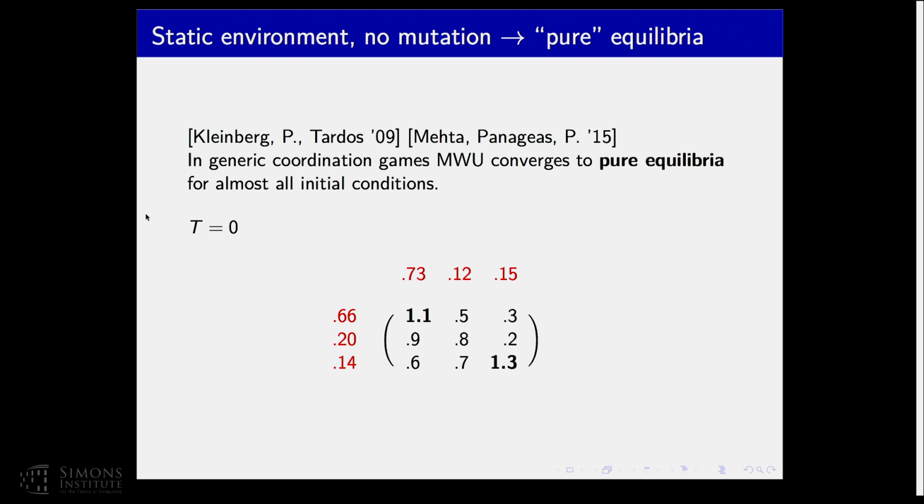All right? So what do we know about multiplicative weight update in this setting? Well, we know that it will converge to pure Nash equilibria for these games. Pure Nash equilibria are things like local optima of this fitness matrix. So for example, here you have 2 different local optima, 1.1 and 1.3. And if you start with this initial condition and you start running the dynamics, you see that after maybe a few iterations, it almost has converged.